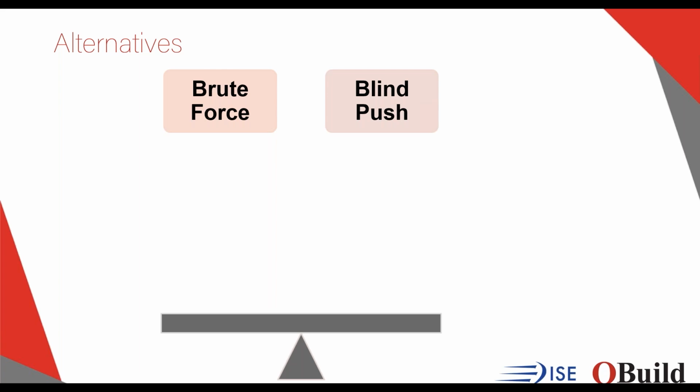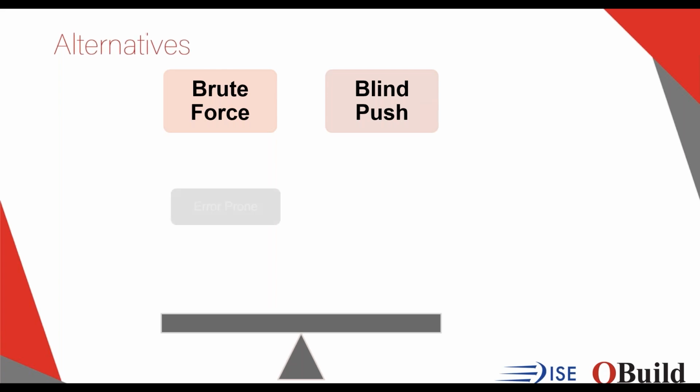So brute force is simply manually entering that data, brute forcing it into the ERP, and having either engineering or a dedicated resource doing that task. Now, both of these alternatives, whether it's brute force or blind push, have their downfalls and disadvantages or challenges that we see when customers describe them. So let's talk a bit about these.